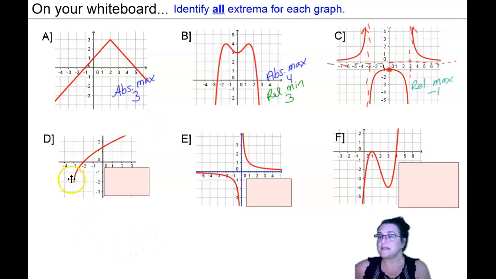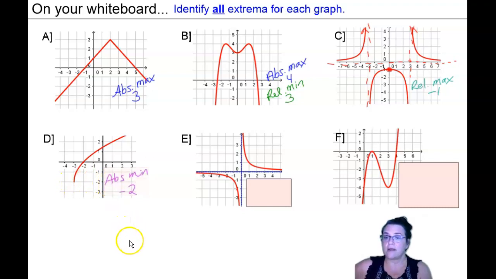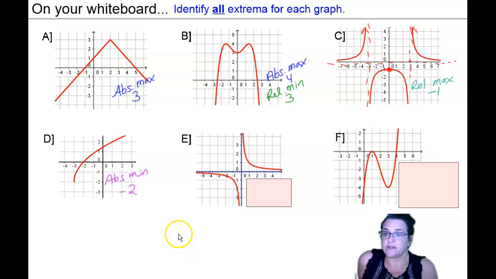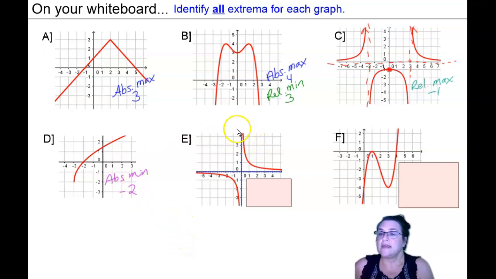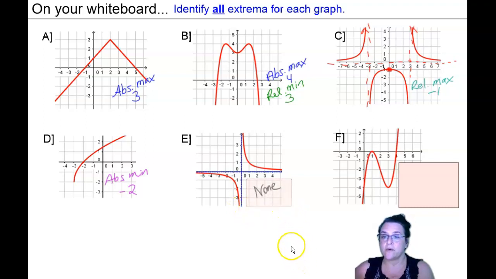Okay, graph D is our square root function. It has its endpoint at negative 3, negative 2, so that y value of negative 2 is our absolute minimum. There are no relative extrema in the square root function. In graph E, we have a rational function with asymptotes along the x and y axis. Remember, asymptotes do not determine extrema, and so E has no relative or absolute extrema.